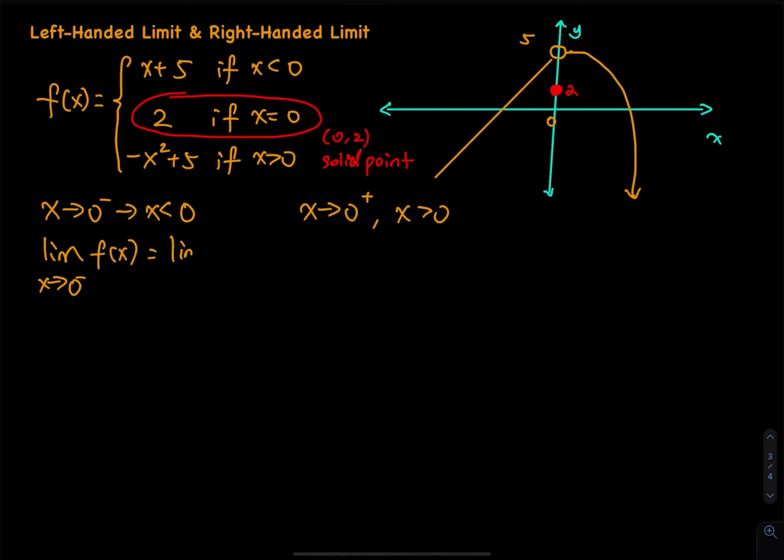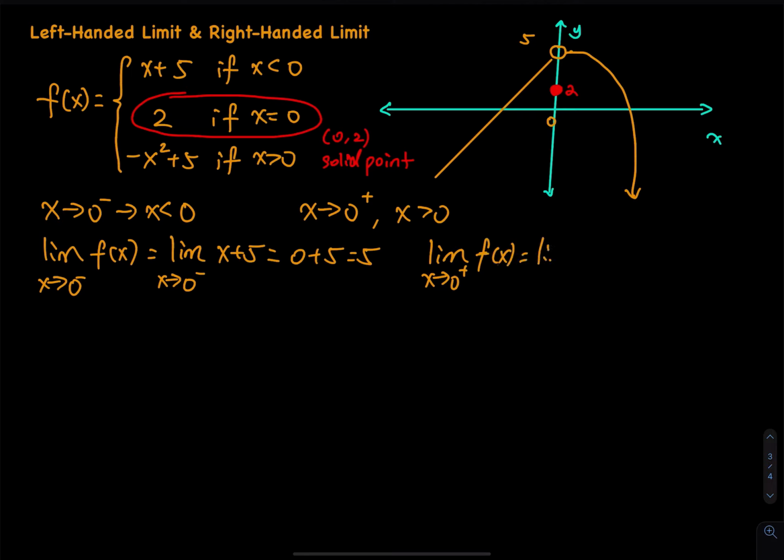All right, so the limit as x approaches 0 from the left of f of x, what is that equal to? We are taking the first piece, the linear function x plus pi. So all you have to do is plug in 0, and 0 plus pi is equal to pi. What about the right side limit? The limit as x approaches 0 from the right, or you can call this the right-handed limit, of f of x.